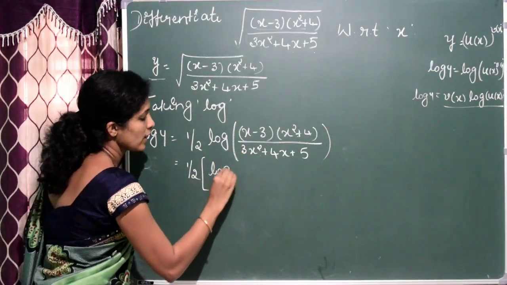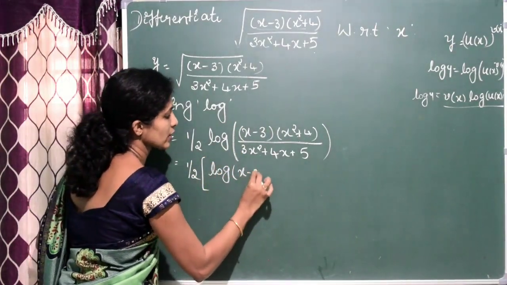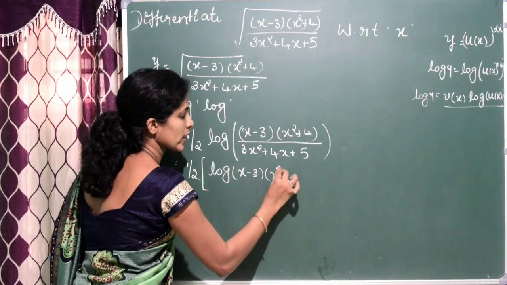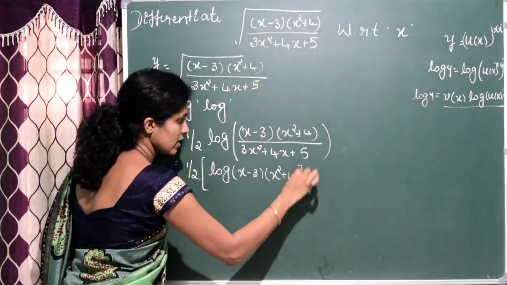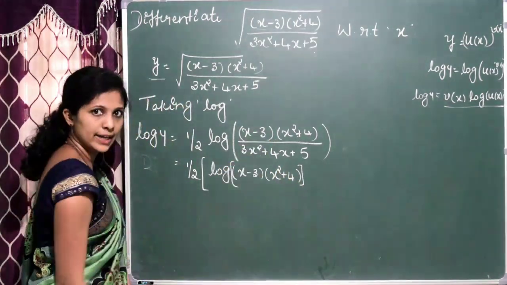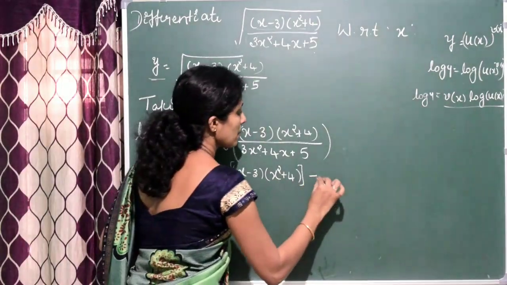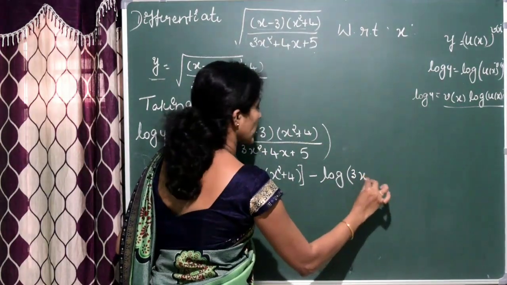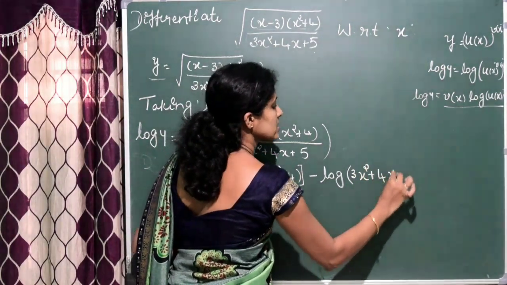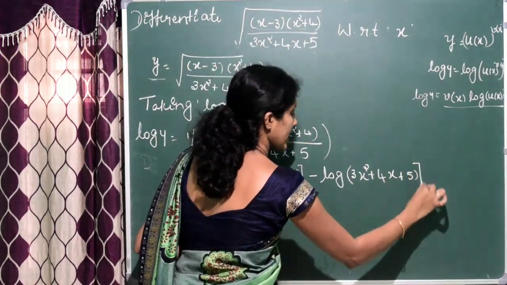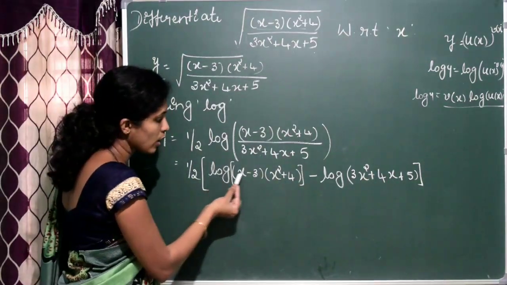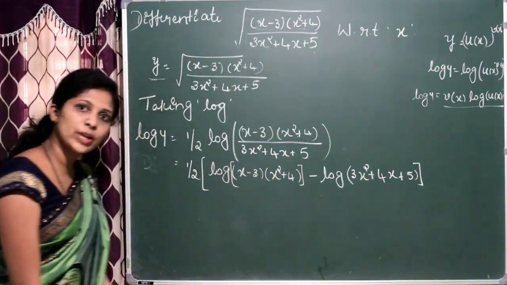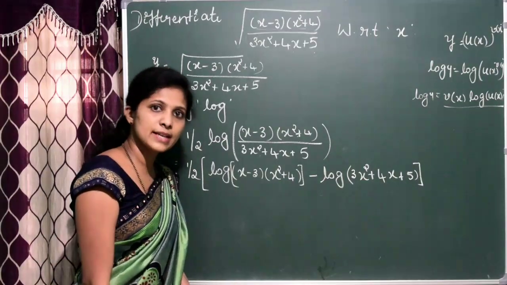This is now 1 by 2 log of (x minus 3)(x square plus 4). Is it clear? This is of the form log m by n, so it will be log m minus log of 3x square plus 4x plus 5. Now again, here you can observe log of m into n. Log m into n will be equal to log m plus log n.